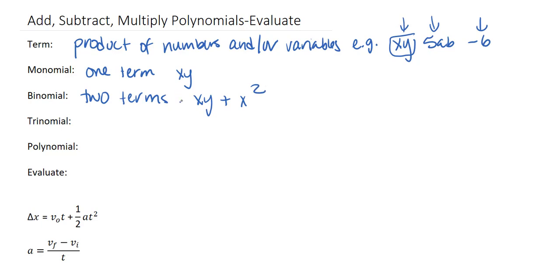It's like two different terms being added together or one being subtracted from the other. A trinomial is three terms. So we could have y squared plus xy plus x squared. A polynomial is just many terms.